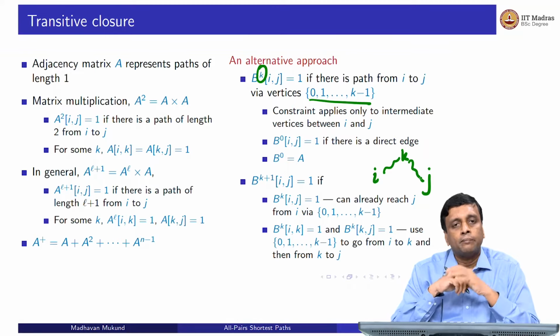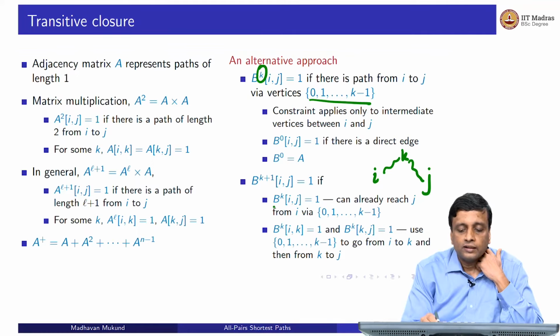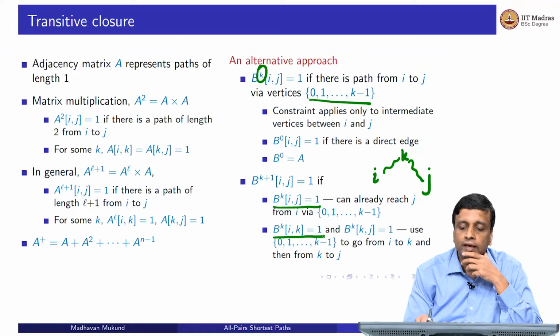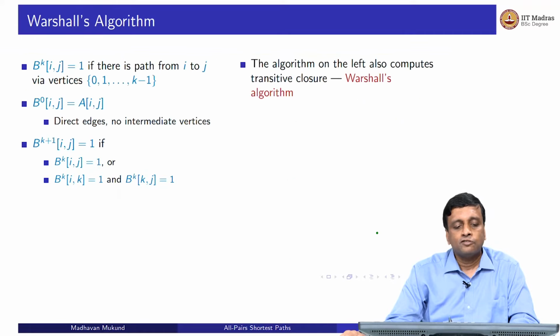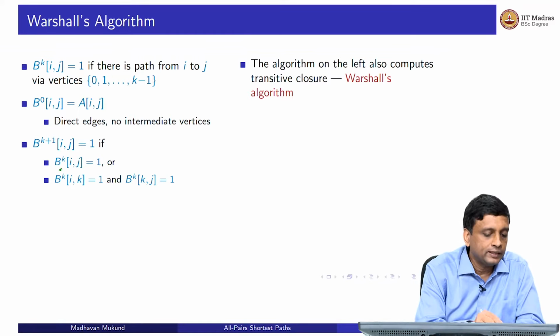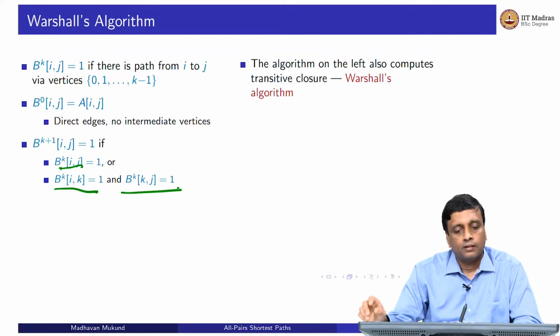And because overall I am constrained to go between 0 and k, and I have already seen the k, then it must be that I go from i to k using only 0 to k minus 1, and I go from k to j using only 0 to k minus 1, right. So either I use the fact that B_k ij is already 1, or I can go from i to k using 0 to k minus 1 and k to j using 0 to k minus 1. So this gives me this way of updating, right. So B_{k+1} ij is 1 if either B_k ij is 1 or B_k ik is 1 and B_k kj is 1. So this gives me a way of updating these things.